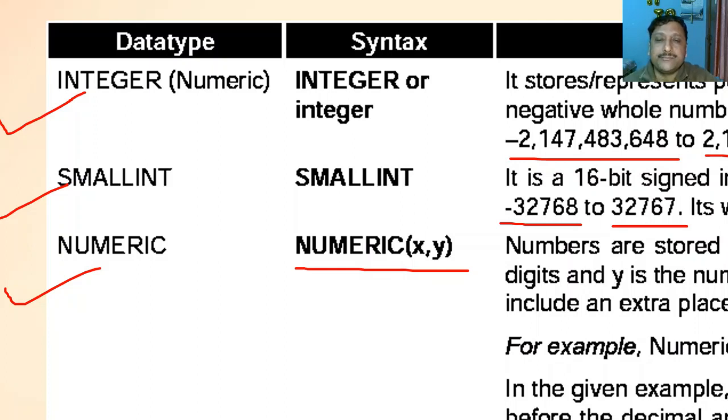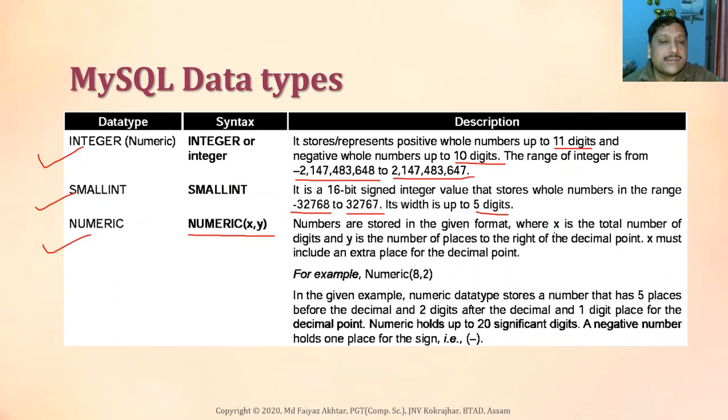While giving the numeric data type, we also define these two values x and y. x gives the total number of digits including the decimal places, and y gives how many decimal places we need. For example, given 8,2, it contains numbers having 2 decimal digits.